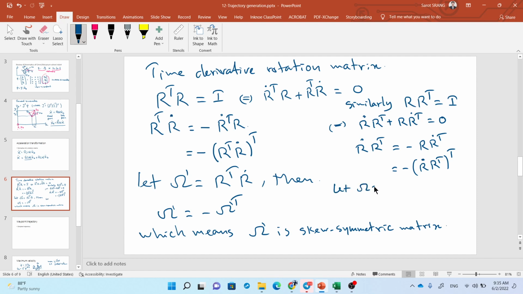Let omega equal to R dot R transpose. Then omega is also skew symmetric.